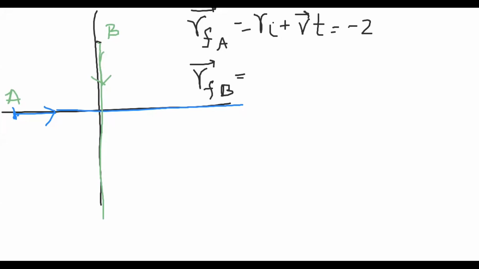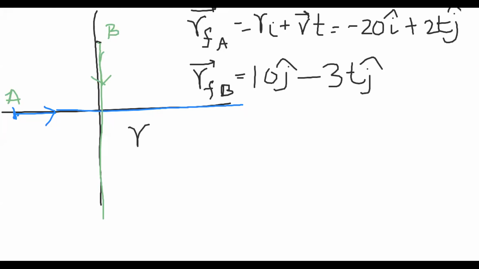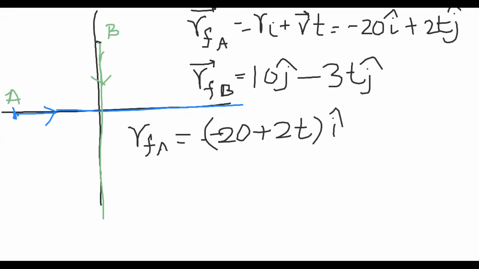And what is the position vector of this? 10 j cap minus 3t j cap. So r_FA is (-20 plus 2t) i cap. And r_FB is equal to (10 minus 3t) j cap.